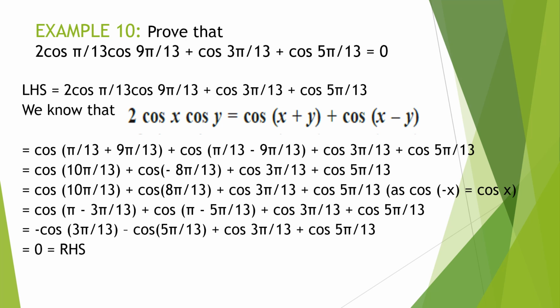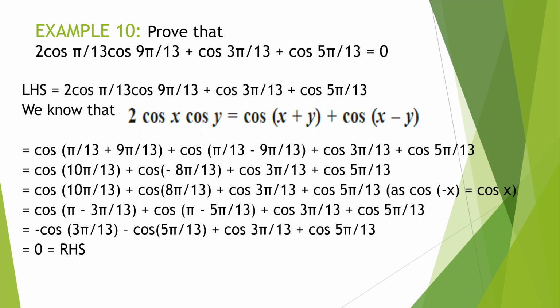So left hand side, the first term 2 cos pi by 13 cos 9 pi by 13, it can be simplified as cos of sum of the angles, which is pi by 13 plus 9 pi by 13 or 10 pi by 13. Second term is difference of angle pi by 13 minus 9 pi by 13, which is minus 8 pi by 13. Other two terms we just keep as they are.